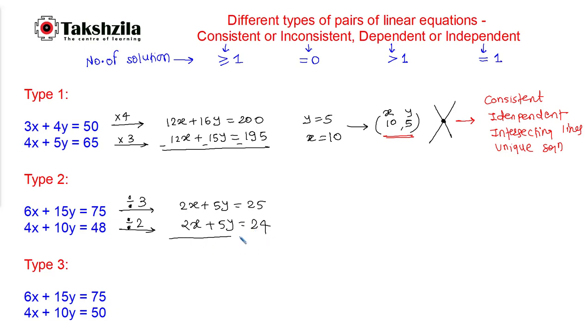How? Let's have a look at it. If we solve these two equations simultaneously, x will get cancelled out, y will get cancelled out. So we will not get the values of x and y, which means these two straight lines do not intersect with each other. It means they represent parallel lines. So what we can conclude is that the number of solutions is 0, so this is an inconsistent pair of equations.